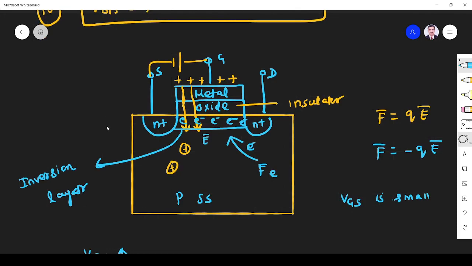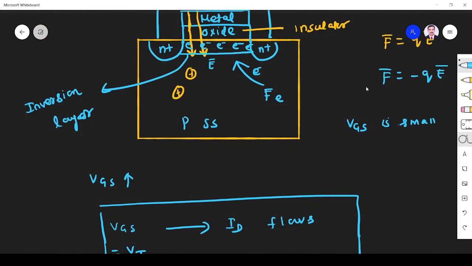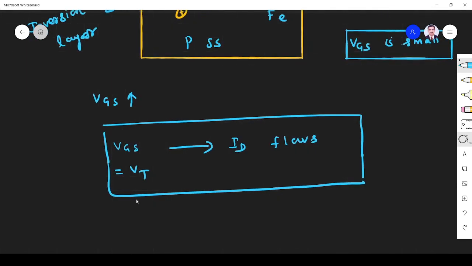The value of VGS at which initially there won't be any current, right? When you increase the value and it reaches some point called VT, only then is the channel formed. So when VGS equals VT, the channel is formed and the current starts flowing.